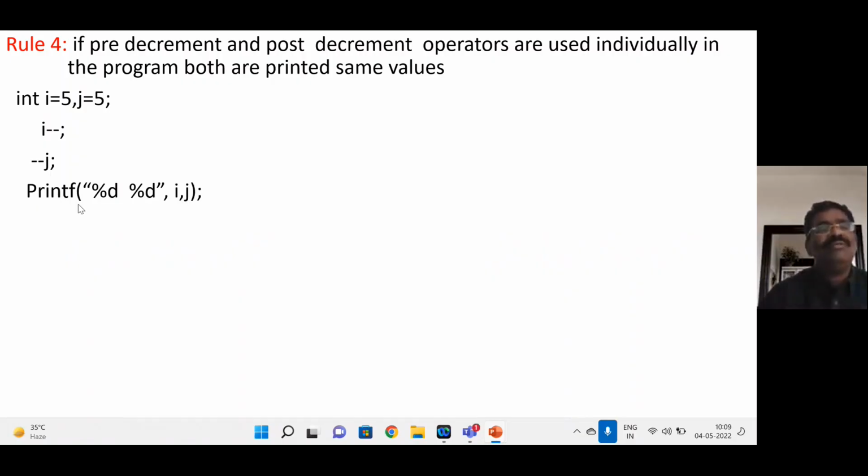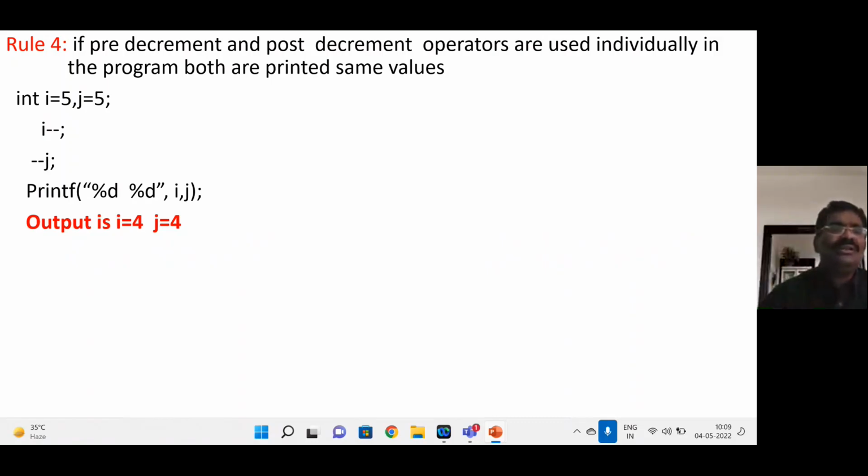But when you are printing the value, for example printf i comma j, in both cases we get the output i = 4 and j = 4. So there is no difference. Whether you use pre-decrement, post-decrement, pre-increment or post-increment individually, the result should be the same. So this is the fourth rule, right?